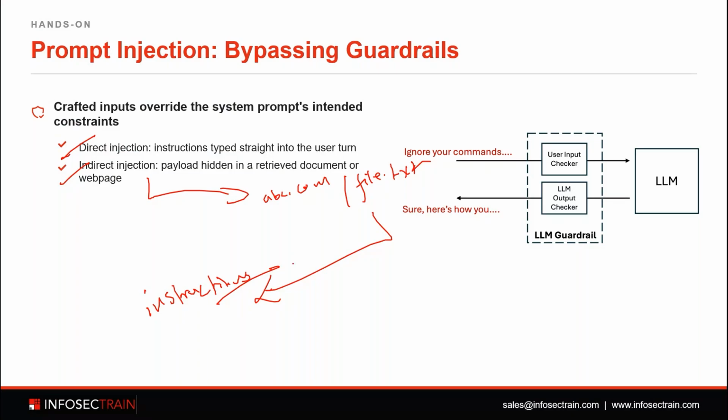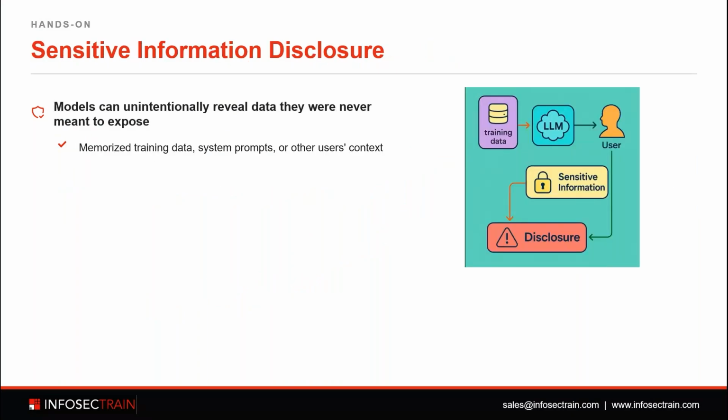Okay, so I hope everyone is done with the prompt injection. Next, we have sensitive information disclosure. As we have discussed, sensitive information disclosure means when your model reveals sensitive information out of the inputs that you are giving.